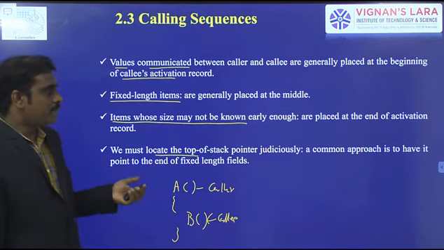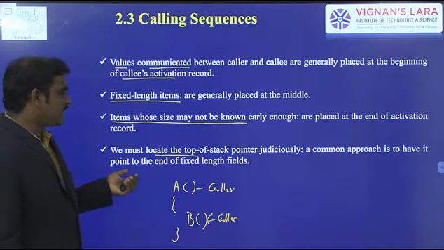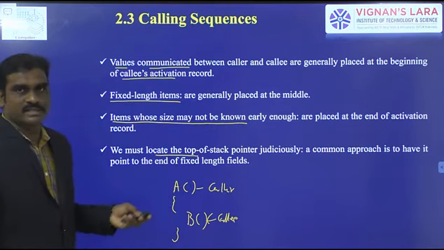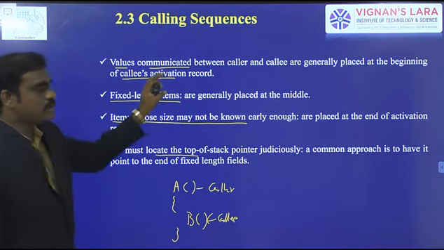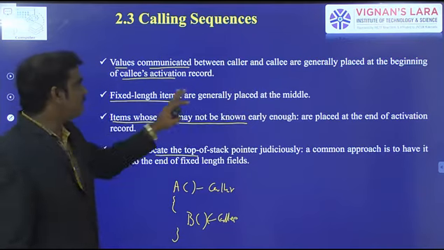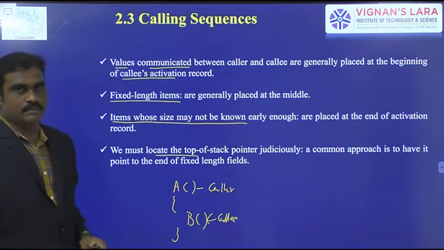A common approach is to have it point to the end of the fixed-length fields. So this is about the calling sequence. The main point is that values communicated between caller and callee are generally placed at the beginning of the callee's activation record.